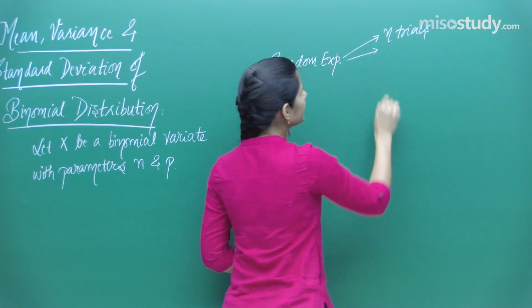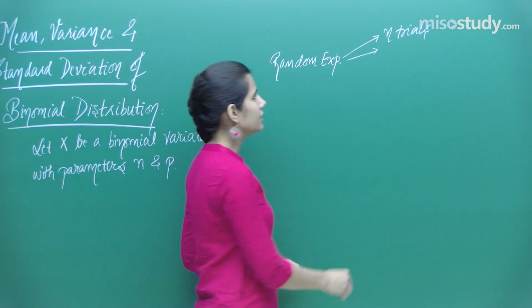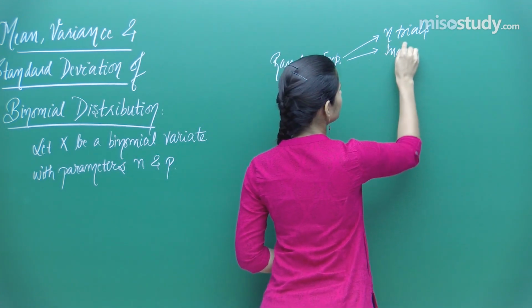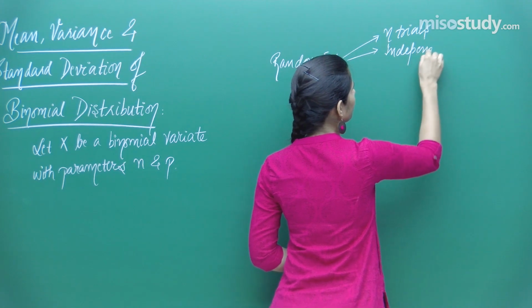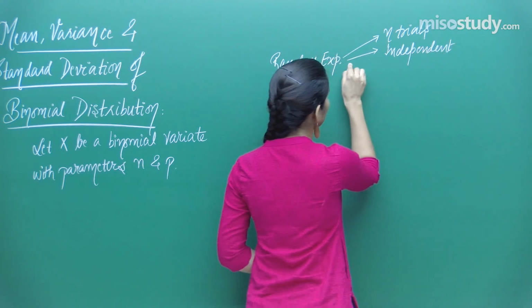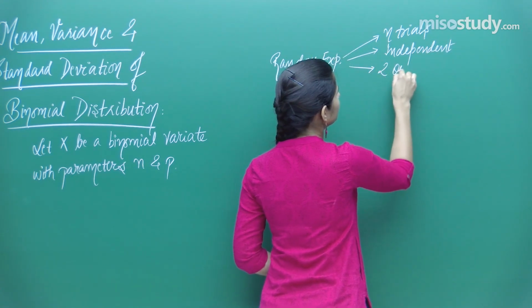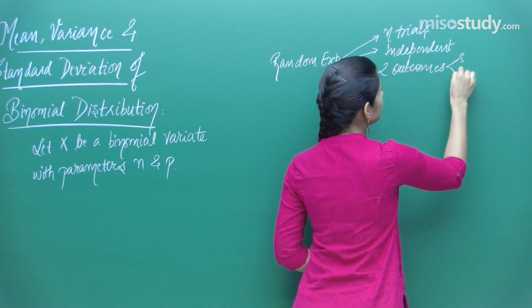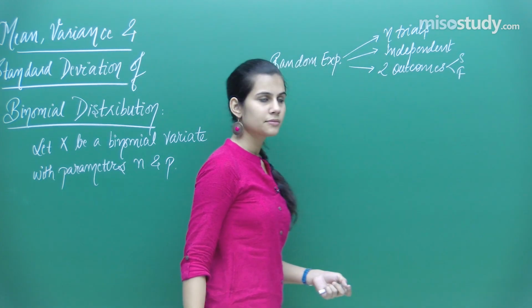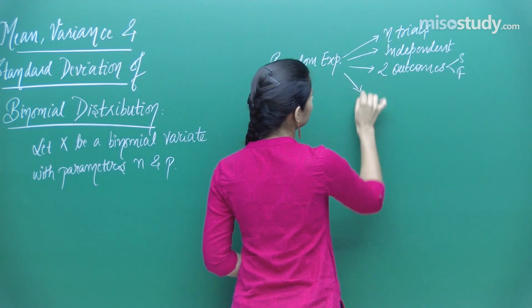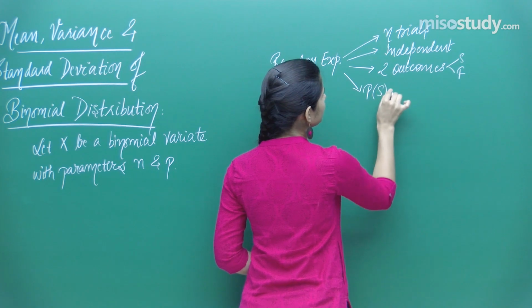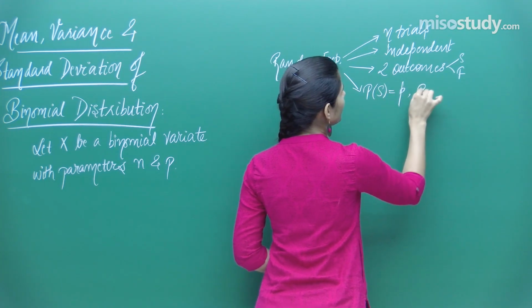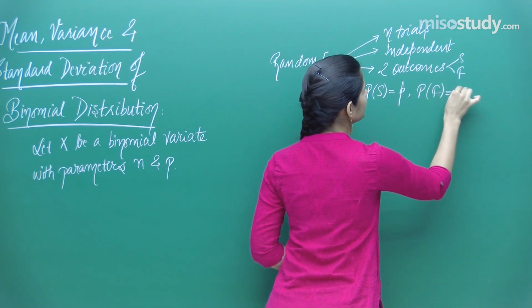It's a binomial variate, that means these are N Bernoulli trials. Each trial is independent. As they are Bernoulli trials, each trial has only two outcomes: success and failure. And probability of success in each trial is small p, probability of failure in each trial is small q.